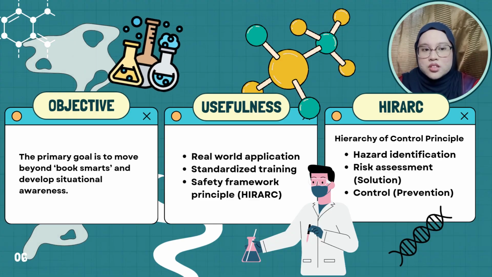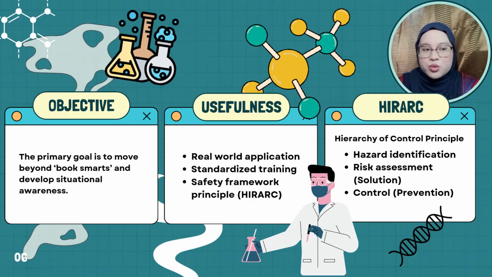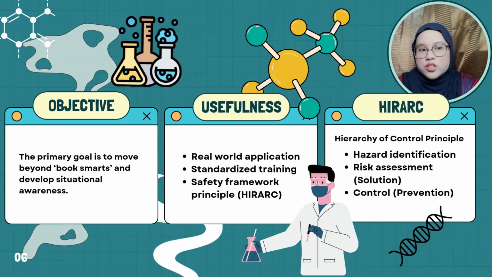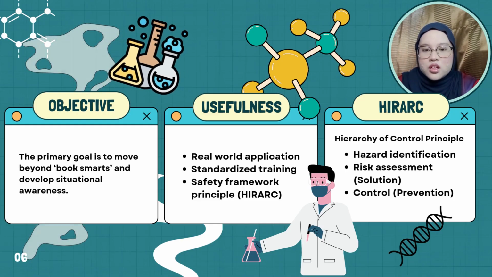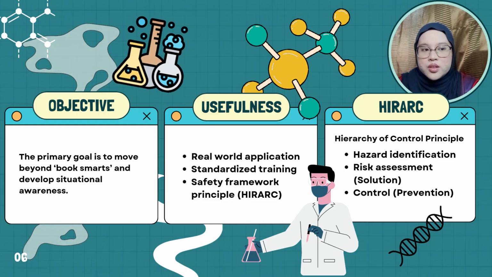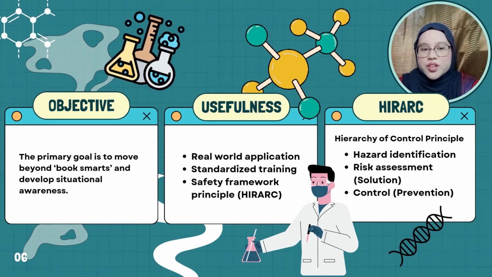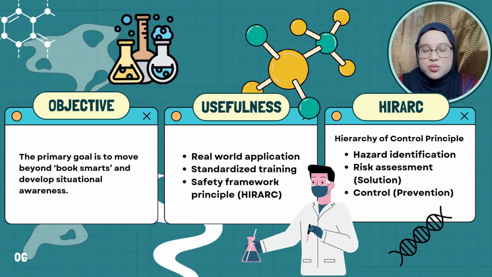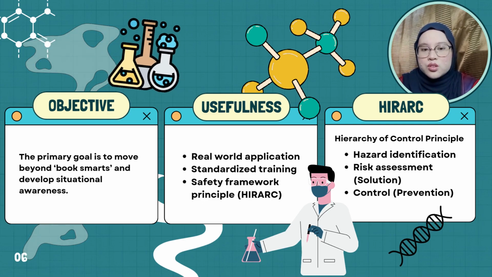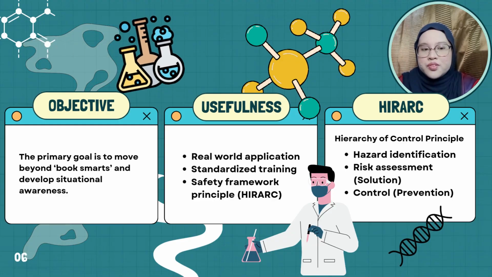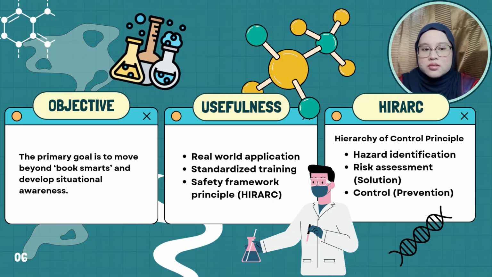Most of the industry must follow the hierarchy of control principle, so when you see a hazard in a video or any industry, we are trained to think in this order: identification of hazard, risk assessment, the solution, and also the control to prevent the hazard.